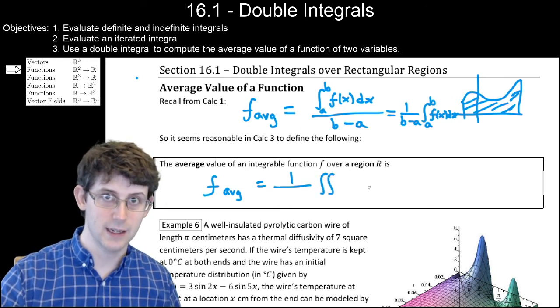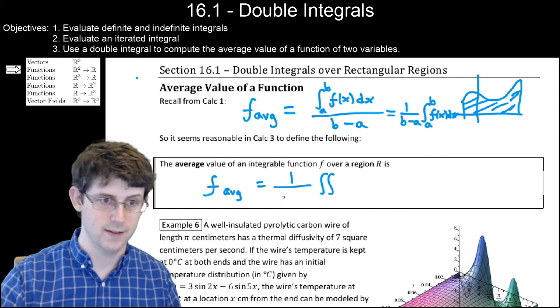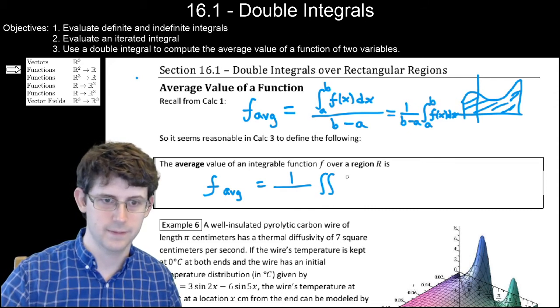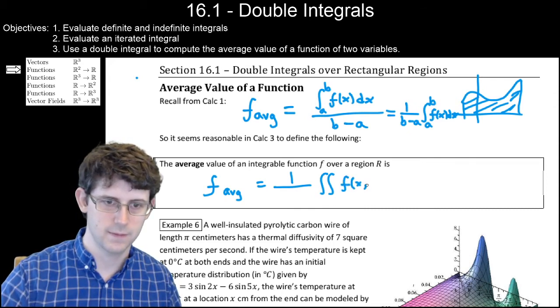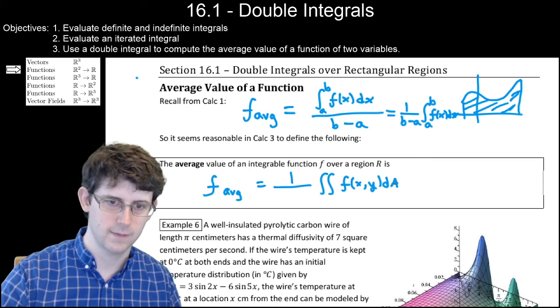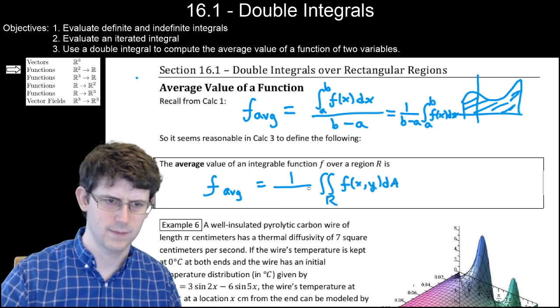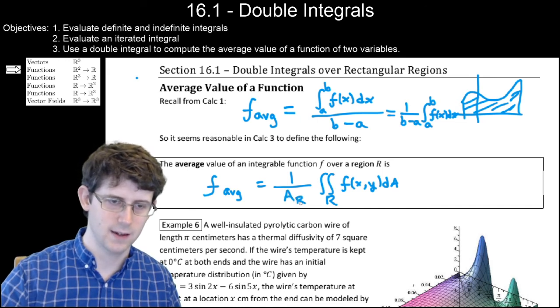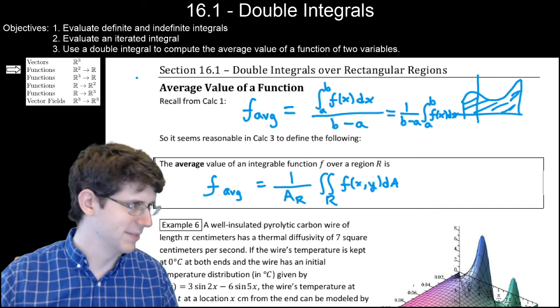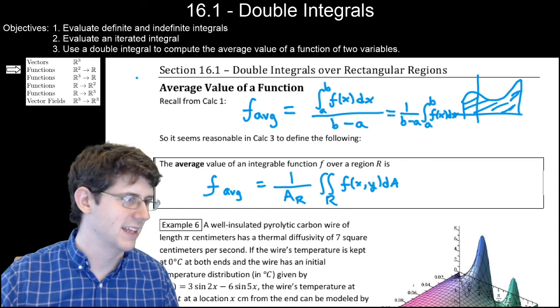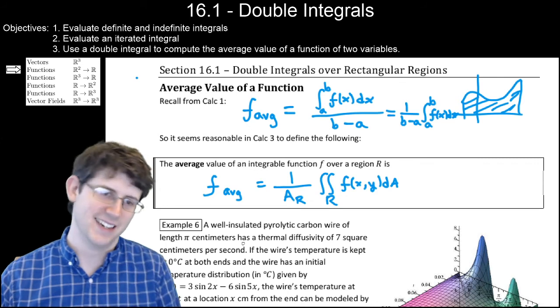Find the volume and divide by the area. I don't really know how to write this. I want the area of R. In my notes, did I write it a different way? Oh, I wrote it out. Area of R. That's maybe better.